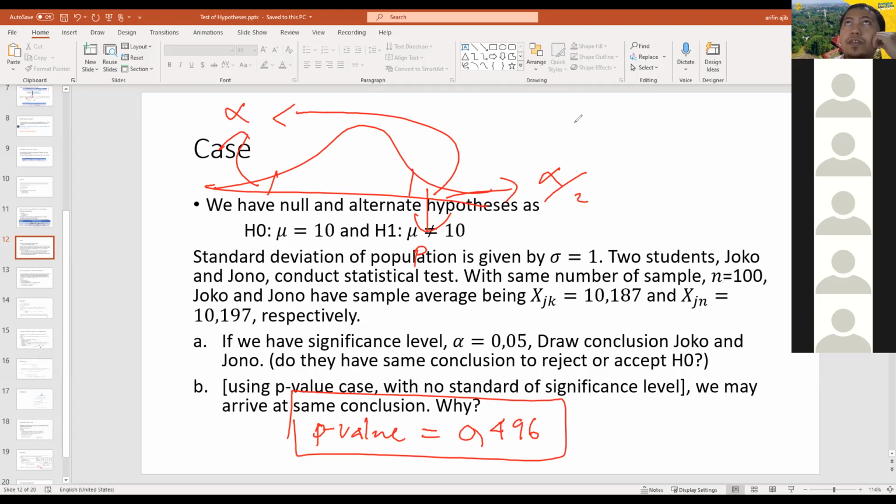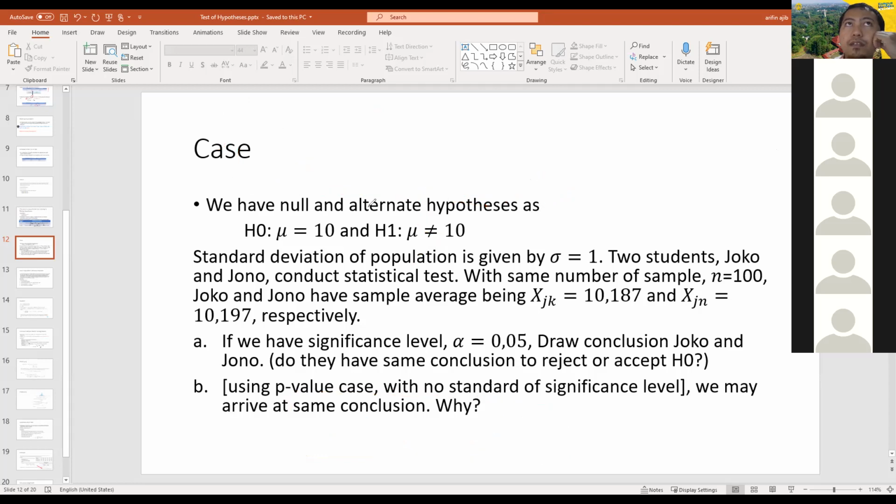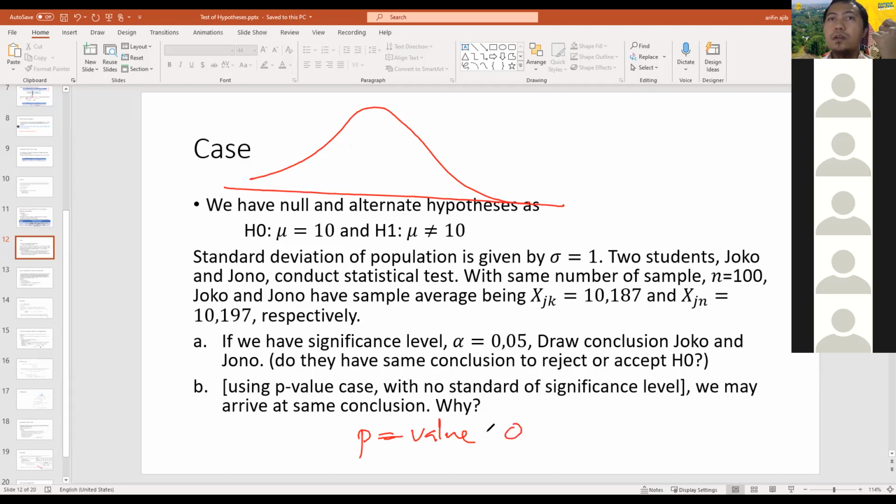So in this case, we can draw the probability, something like this. The p-value is equal to 0.496, so it's almost half.